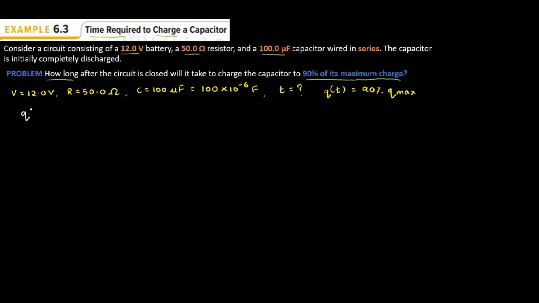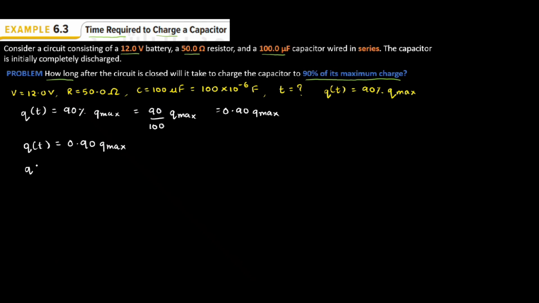If the charge at any given time must be 90% of the maximum value, that means it should be 0.90 Qmax. So I can write Q(t) equals 0.90 Qmax. And when you take this ratio, Q(t) over Qmax equals 0.90.